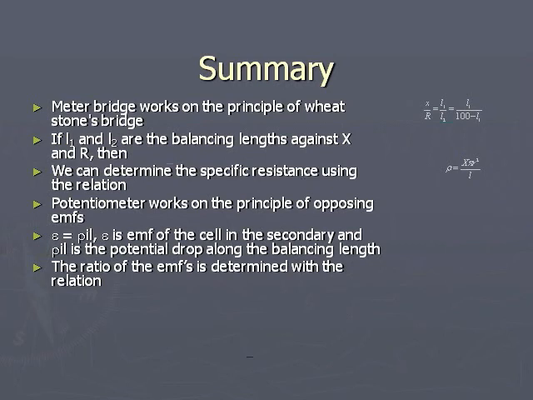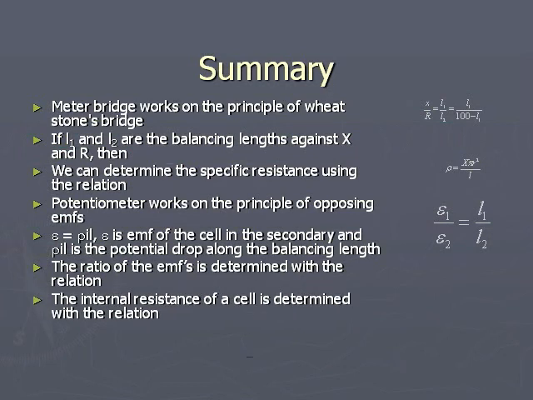E is the EMF in the secondary circuit when the circuit gets balanced. When the current in the secondary circuit becomes 0, then E will be equal to rho IL. This is the principle on which the potentiometer works.